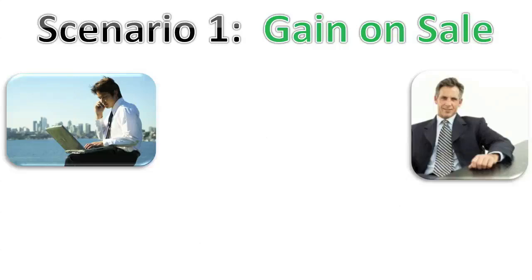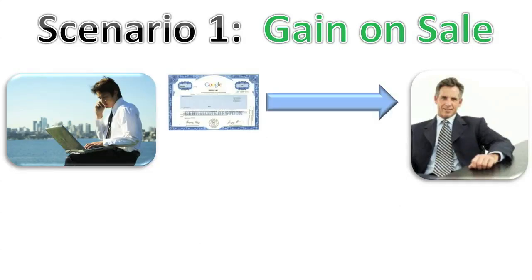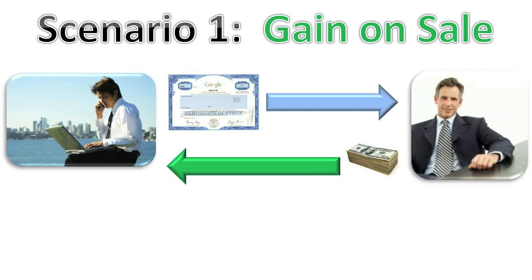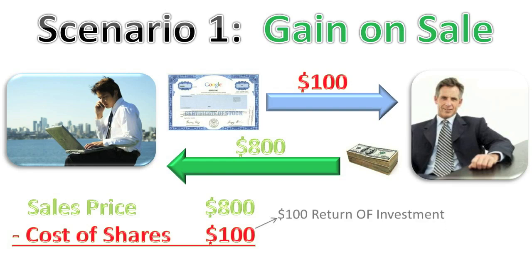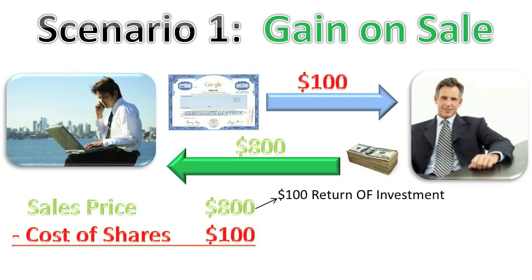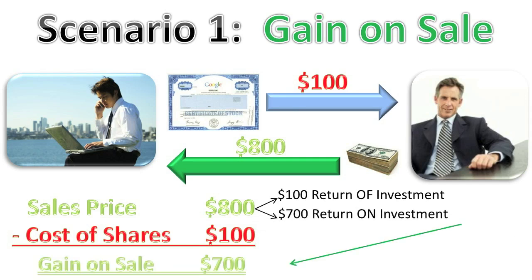He can also achieve gains on the sale of his ownership shares when he sells them to other investors at higher prices. For example, if Bill took one share of Google stock that he purchased originally for $100 and then sold it to a new investor for $800, his $800 sales price could be broken out into two pieces. One, a $100 return of his investment, and two, a $700 return on his investment called gain on sale.